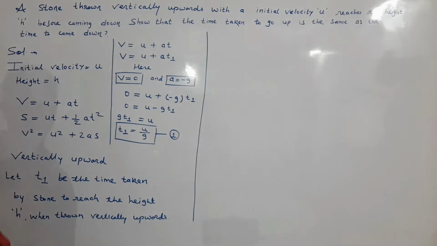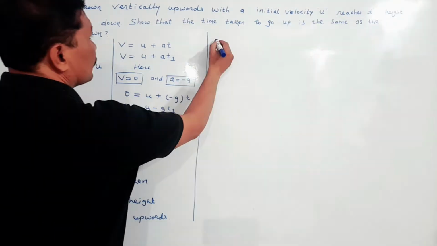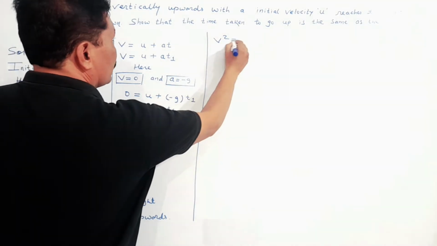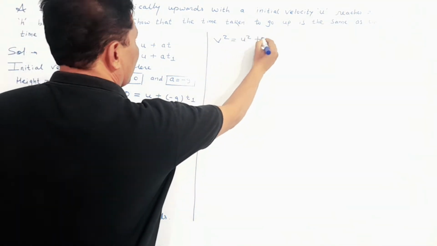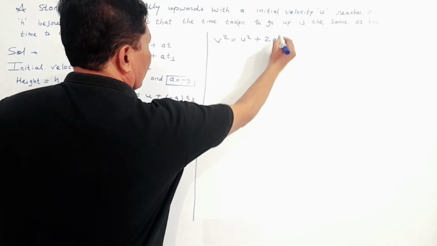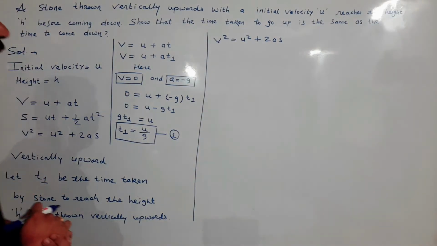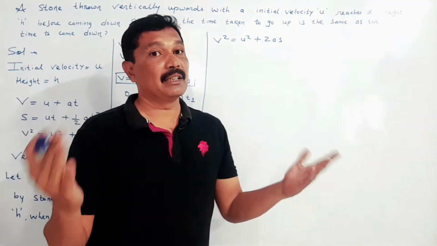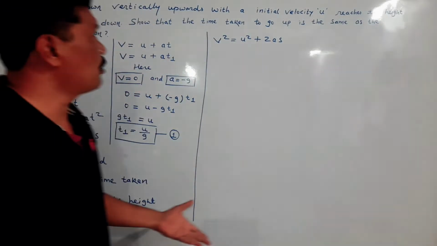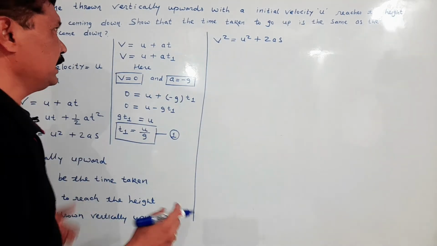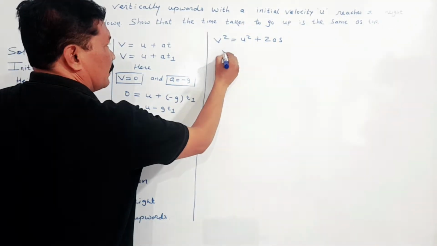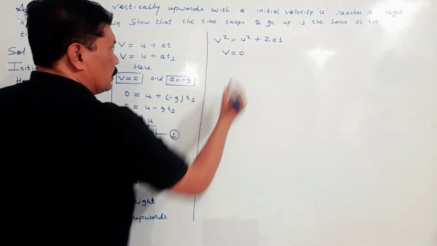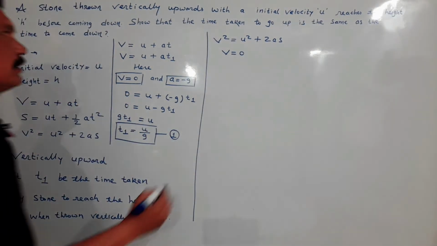My dear student, here we have one more mathematical equation, that is V square is equal to U square plus twice AS. My dear student, here distance traveled by a body can be considered as height, as the body is moving vertically upward. So here, my dear student, we can write V is equal to 0, as we have already discussed.